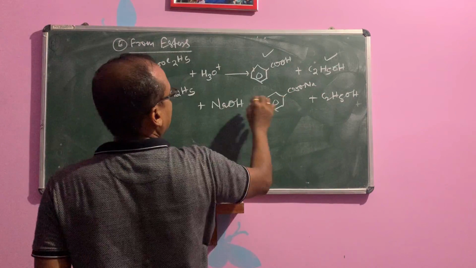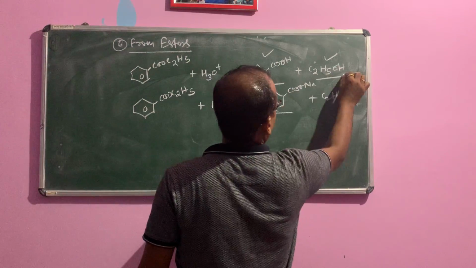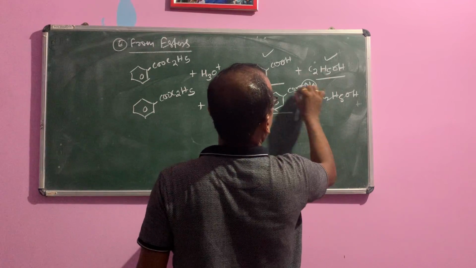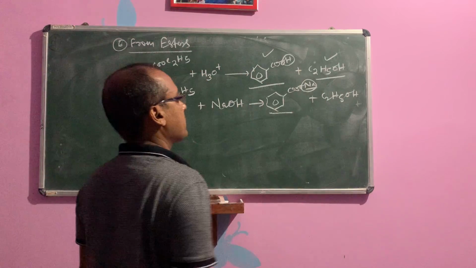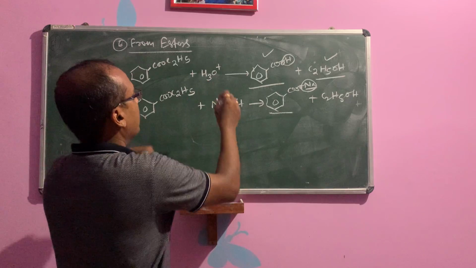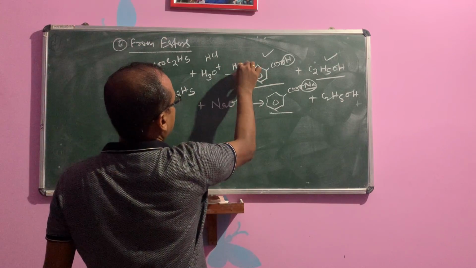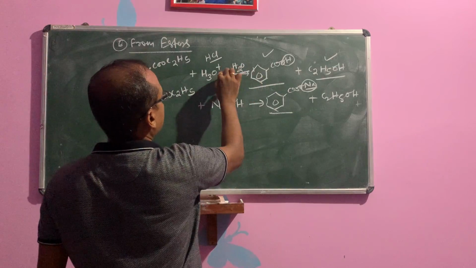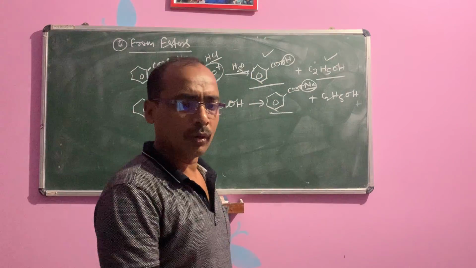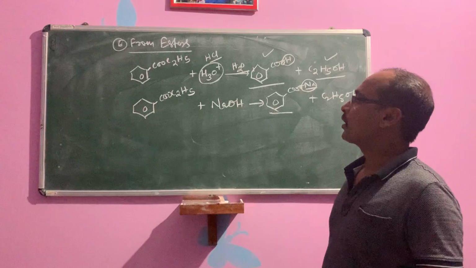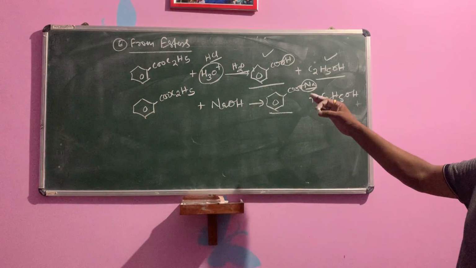You see the changed product. Instead of H3O+, you can take HCl and H2O like this. So these are all about the preparation of carboxylic acid.